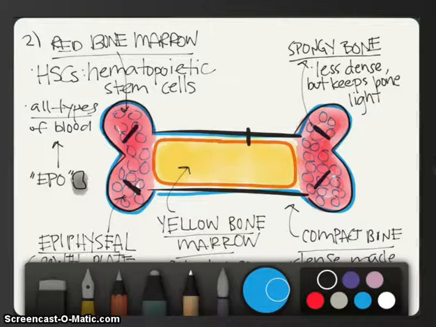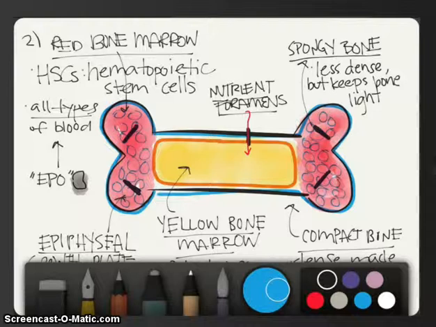I'm going to label this something called the nutrient foramens, because it delivers nutrients. I'm going to pick a red marker and have that go in to imply that this is where blood vessels are allowed into the bone structure here.